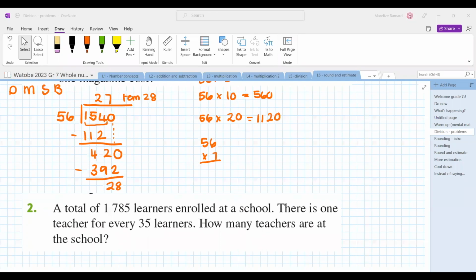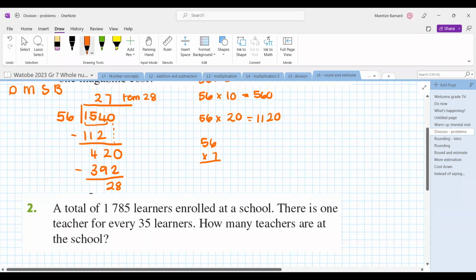2 remainder 24. So somewhere I think you forgot to divide again. So make sure that when you said over here the 2 times 56 is 112, and that you subtracted and that you brought down. So that you did that step again.